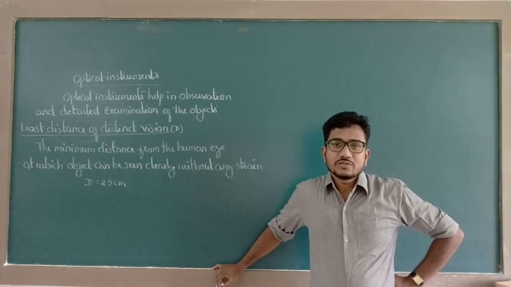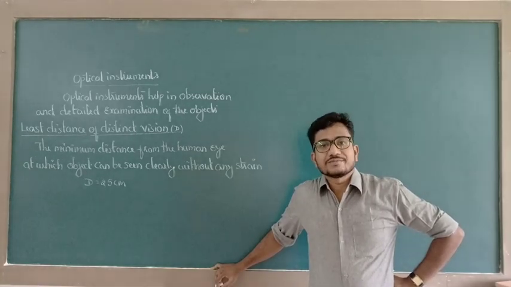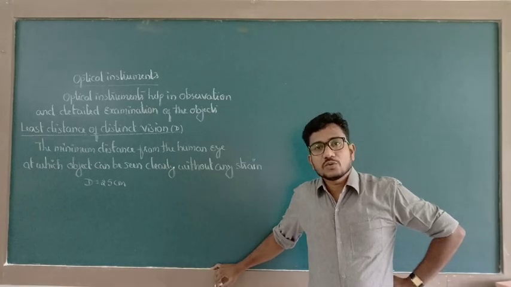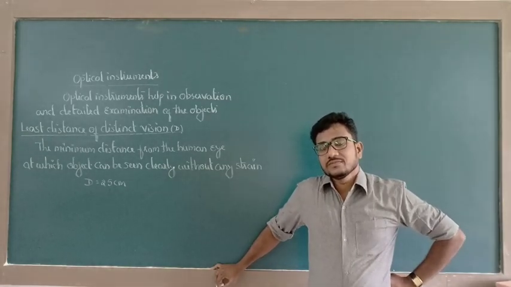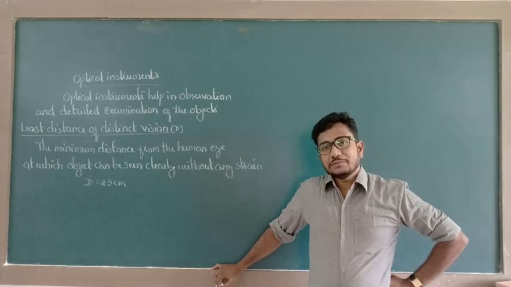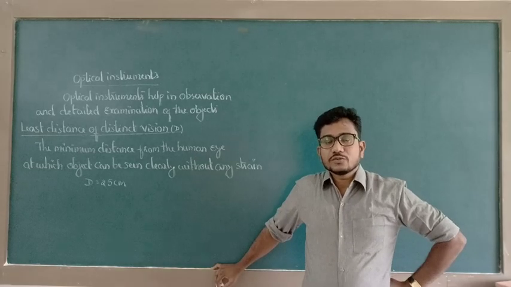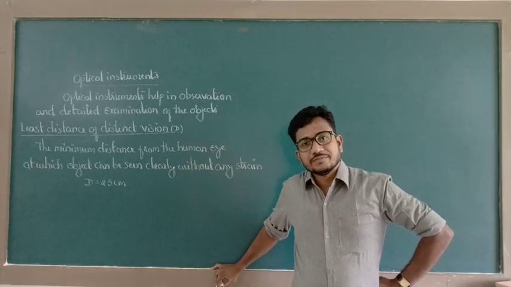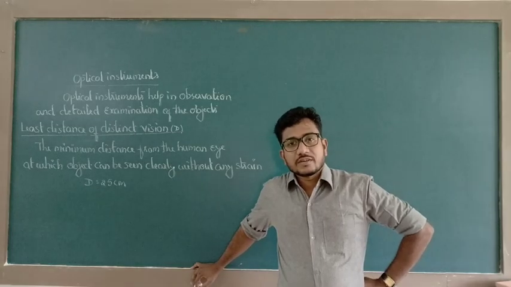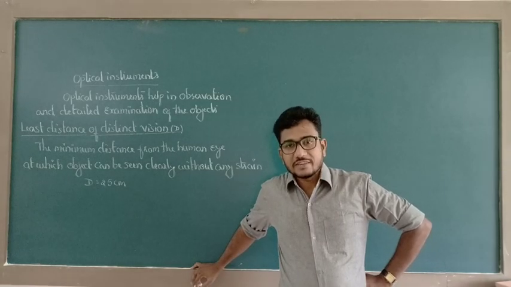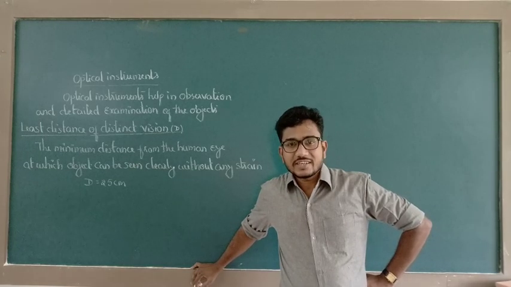I don't know the distance of those stars either, so I am going to say those stars are at infinite distance. From 25 centimeter to infinite distance, I am able to view objects clearly without any strain. While observing the stars, we will not get any strain in our eyes.